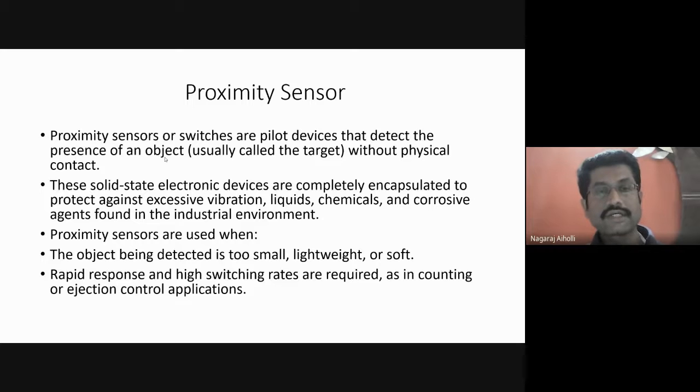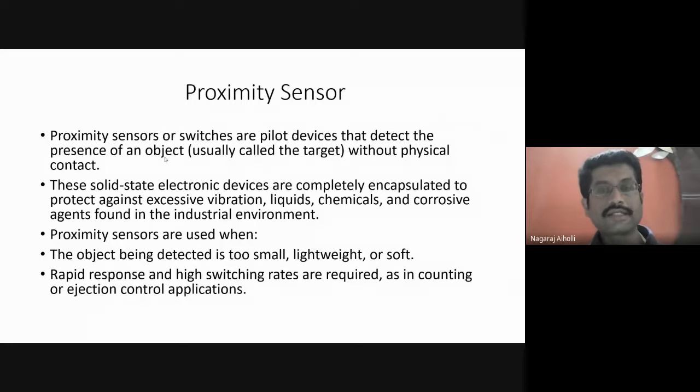The name solid state has come to these devices because they are made up of solid state material. Previously they used what are called vacuum tubes for conduction of electricity. Vacuum tubes made use of a gaseous medium for the conduction of electricity.